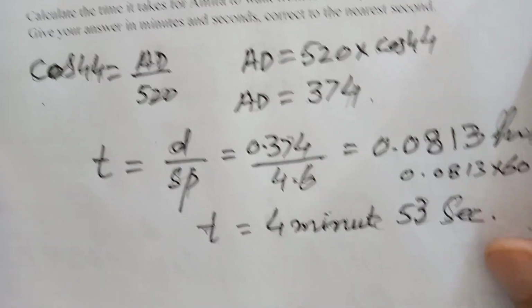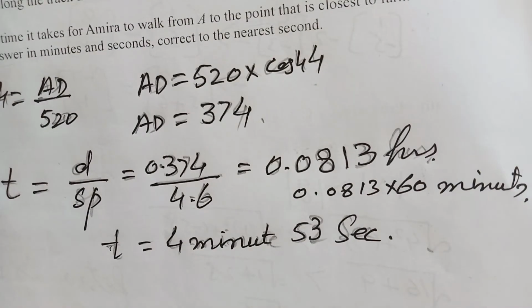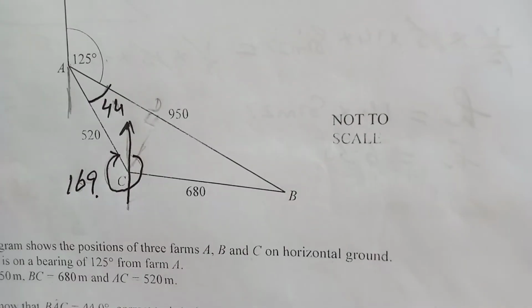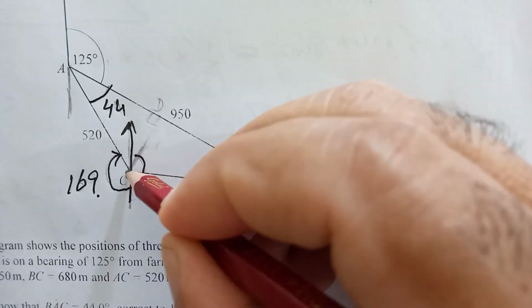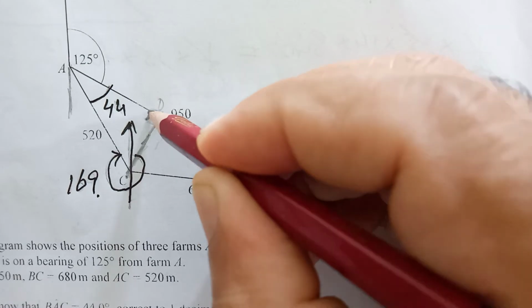So in this we will make a right angle triangle, because when he asks for the shortest distance, we draw the perpendicular from that point to the opposite side. So this will make a right angle triangle. From C we will draw the perpendicular to the opposite line.